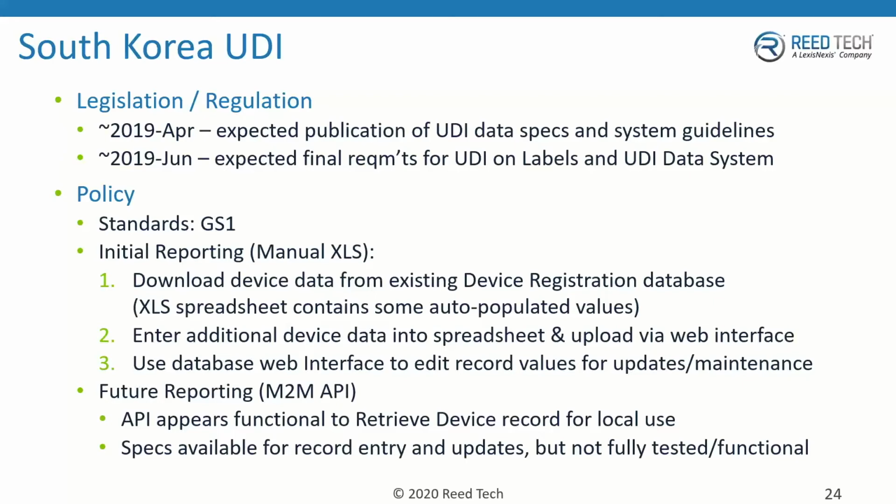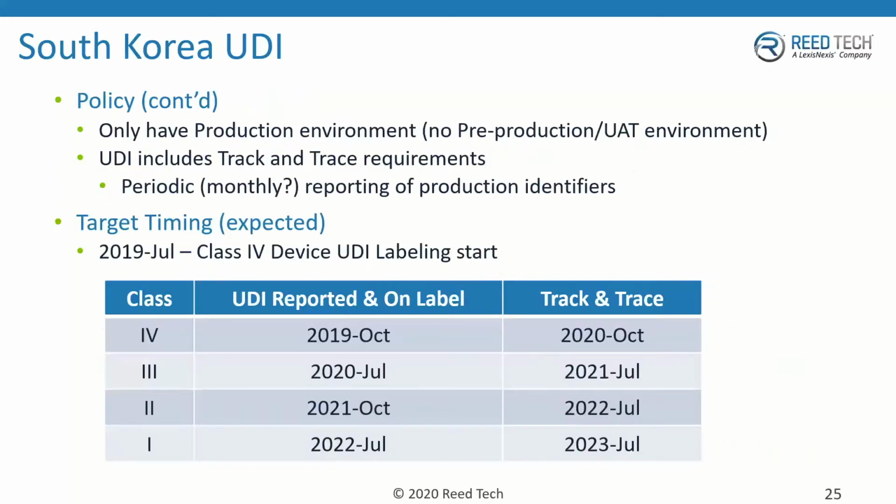The other thing that's noteworthy in South Korea is that they do include the track and trace requirements. So there's some reporting, appears to be monthly. Once that gets up and rolling, that could be significant type of transactions.